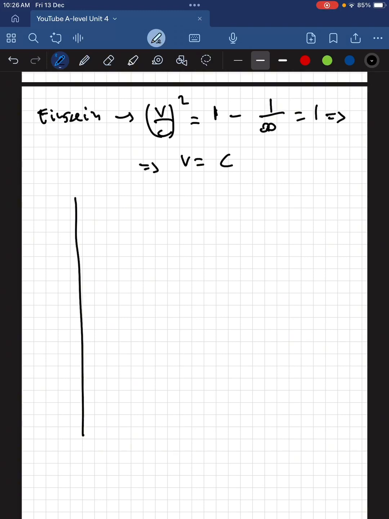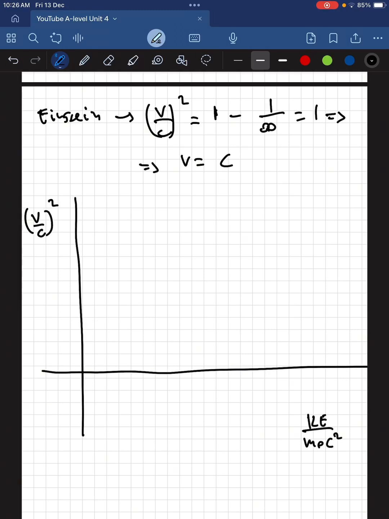So if I plot this, let's say I make a plot of v squared over c squared on the y-axis, and on the x-axis I plot the kinetic energy over m naught c squared. And by the way, in a moment we will see that m naught c squared has units of energy. So if we divide kinetic energy by the rest energy, we get a dimensionless quantity, a pure number.